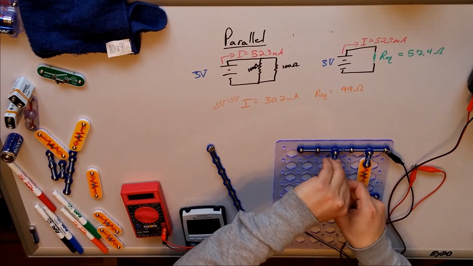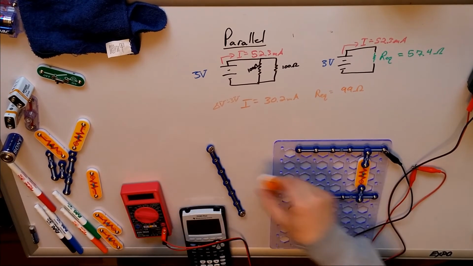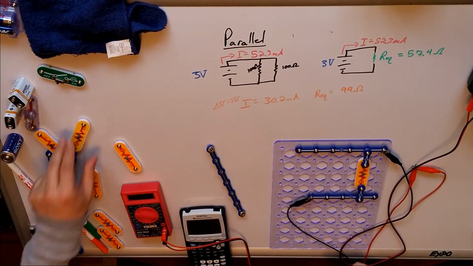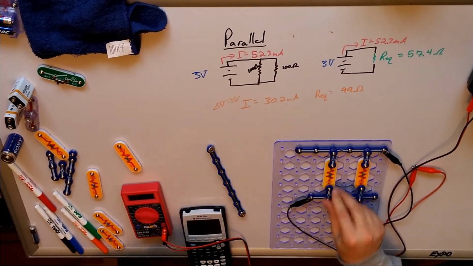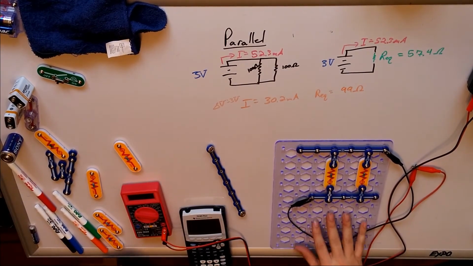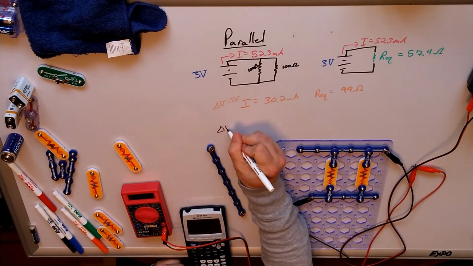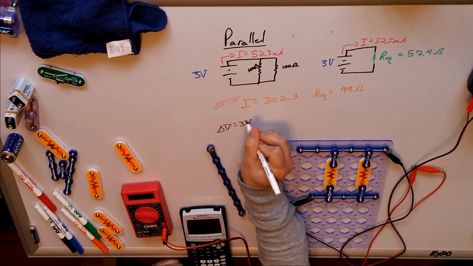Okay. I'm going to replace the 100 ohm with a 5100. Great. Okay, here we go. Now, we'll use a different color for this one. Let's go brown. So delta V is going to be equal to 3 volts.